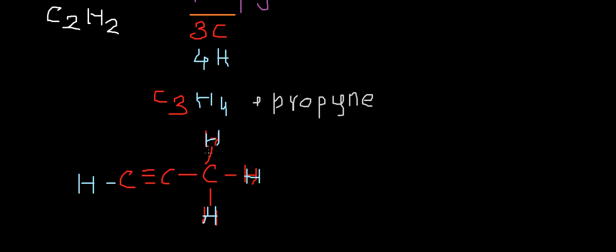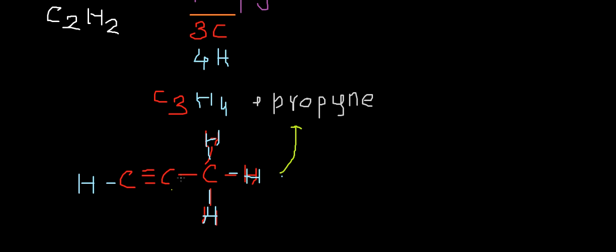I will show this also with blue. So we have 4 hydrogen atoms, so this has been satisfied, and we have 3 carbon atoms, so this is also satisfied. So this is the line structure of the propyne molecule.